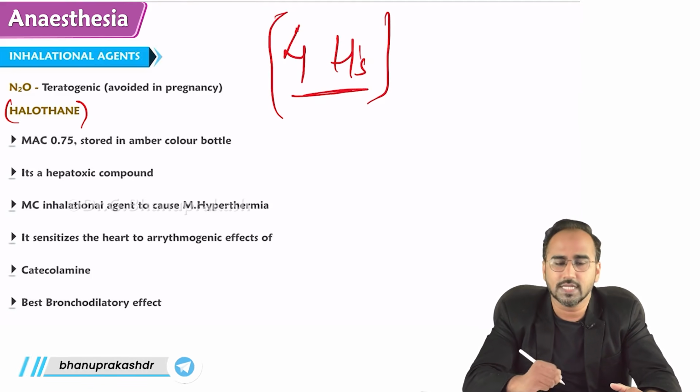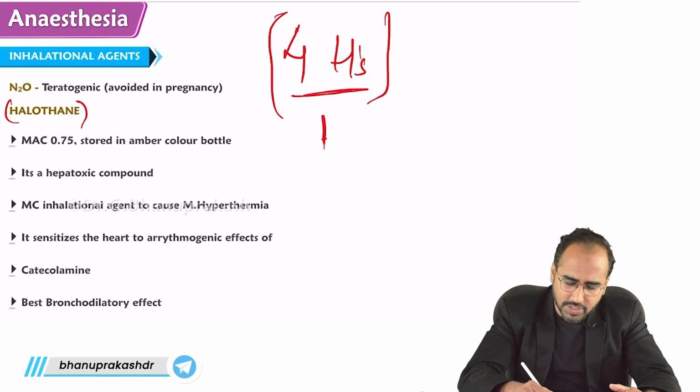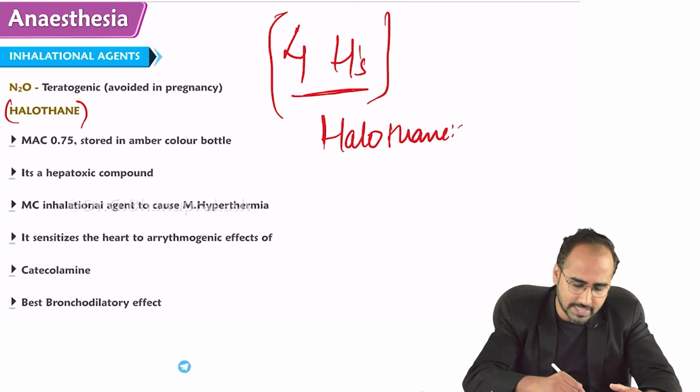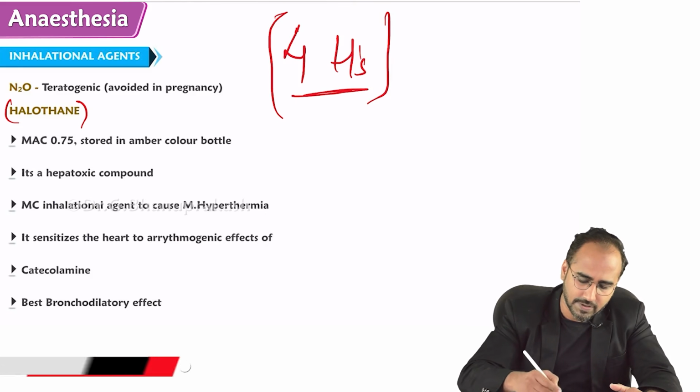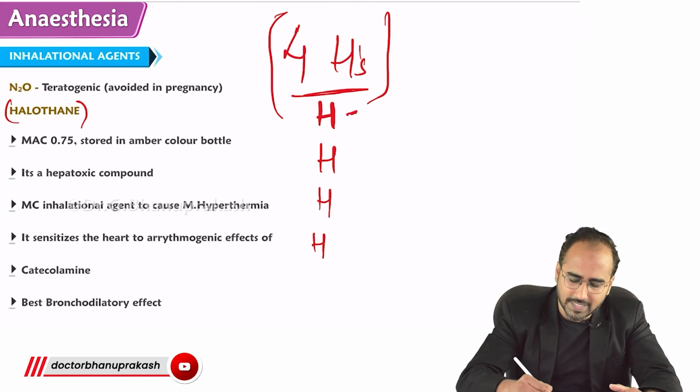How many H's, guys? 4 H's of halothane. The first H of halothane is what?